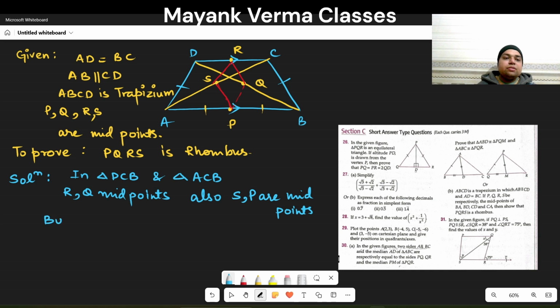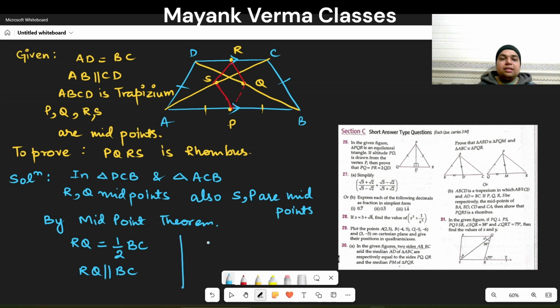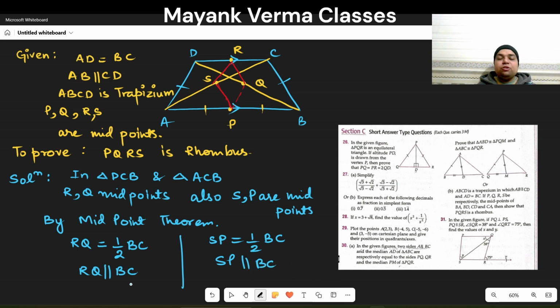So by midpoint theorem, I can say that RQ is equal to half of BC and RQ is parallel to BC. Second, I can also say that SP is equal to half of BC and SP is parallel to BC. This I am able to do.